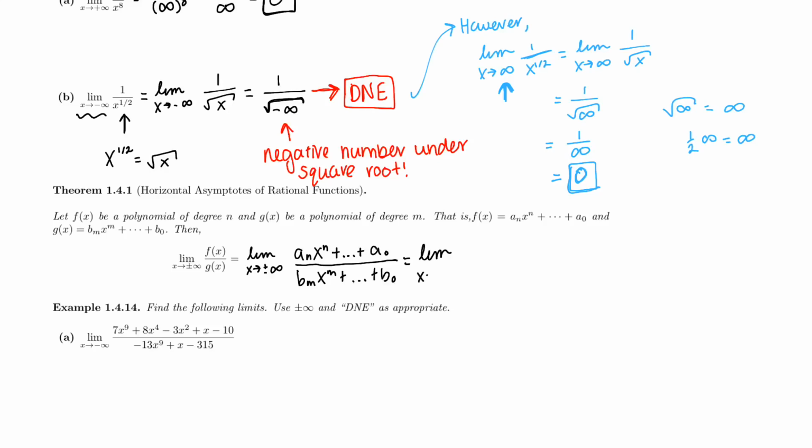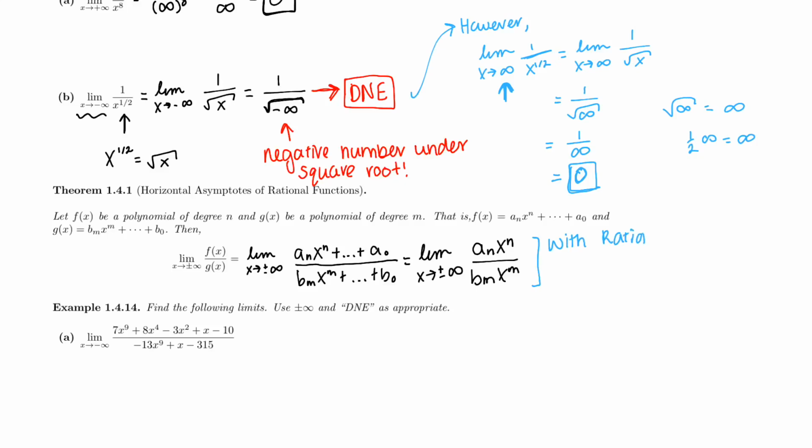So you can take the limit as x approaches positive or negative infinity and just keep the highest power on the top and the highest power on the bottom. So I'm going to write that in non-mathy terms.